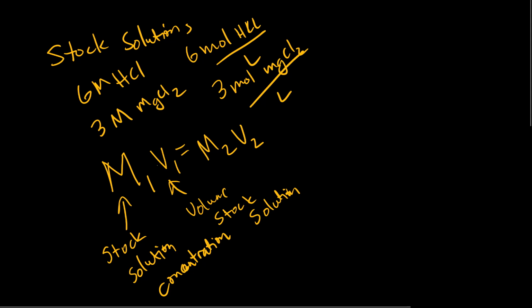So it's the volume of the stock solution that we use when we dilute it to the final volume that we want to achieve for our lab, let's say. Then, as you can kind of suspect, the M2 refers to the molarity of the diluted solution. Just to clarify, going back a little bit, when we said the concentration down here, the big M, this of course referred to molarity. I'm just going to put in parentheses here that this is molarity.